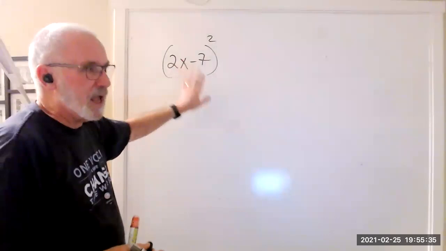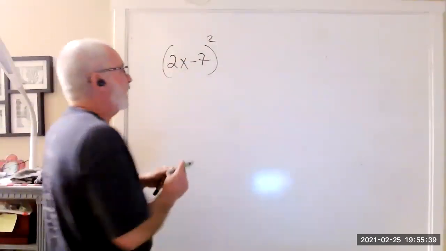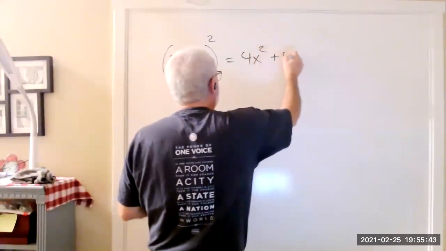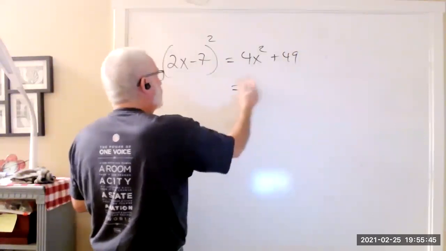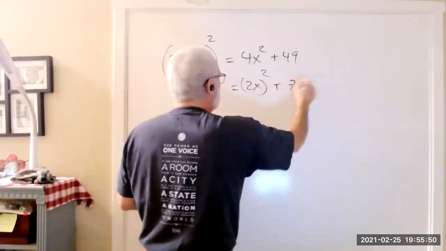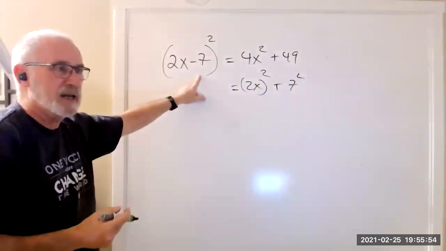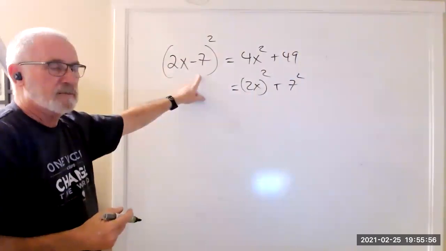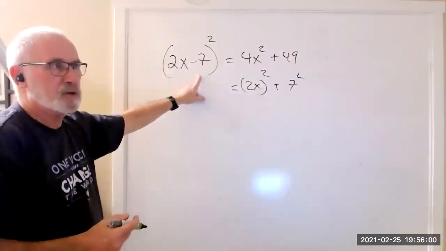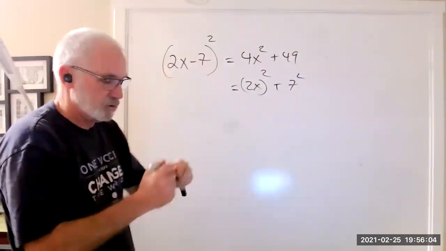So you can't use the exponent rules. And I don't care what you say, this is not 4x squared plus 49. You can't say this is 2x squared plus 7 squared. You can't distribute the 2 to these things. That's what I'm getting at. That's an exponent rule applied to the wrong situation. So you can't do this. These are all wrong answers.